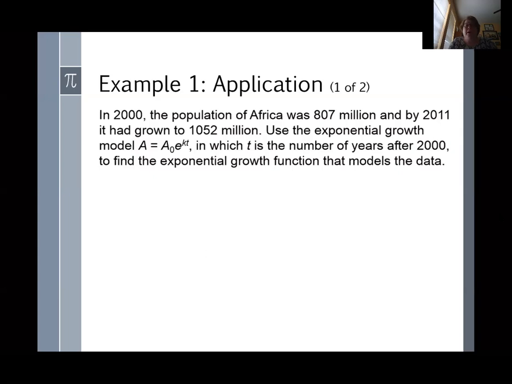So we are given everything that we need in this problem except the growth rate. We are not given k. We know the initial population is 807 million. So let's write that down. The initial population, the initial amount of stuff that I begin with, is 807 million. So A sub 0 equals 807.